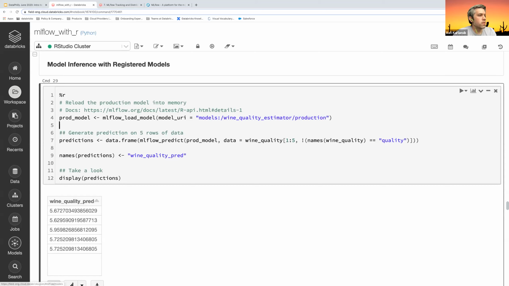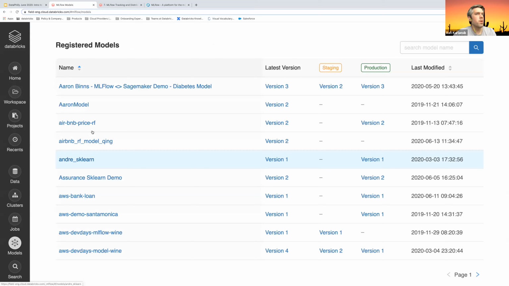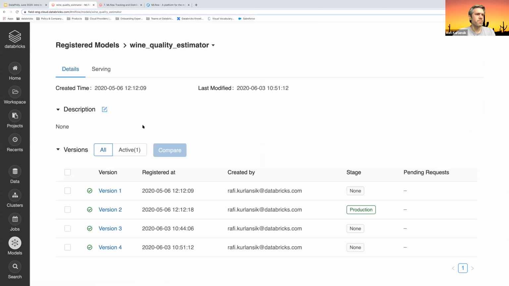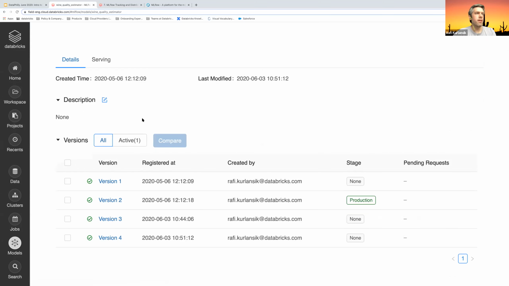This is what the UI looks like for the model registry. Obviously this is hosted on Databricks, but it's the same thing in open source. I've got to move this. Okay, so we're up to version 4 here. Version 2 is in production. There's a little bit more here. In the interest of time, I'm just going to speak to it.